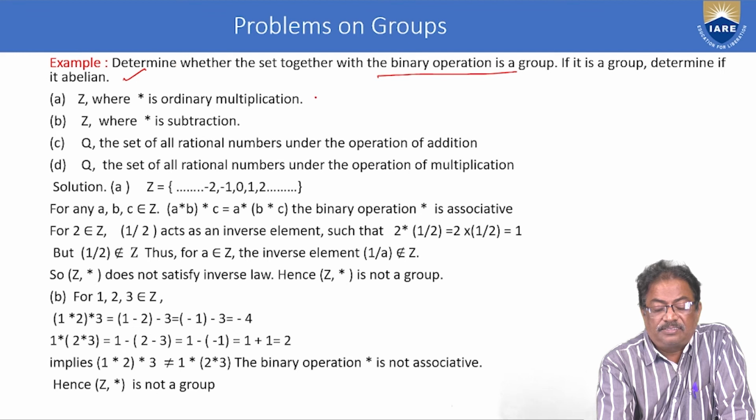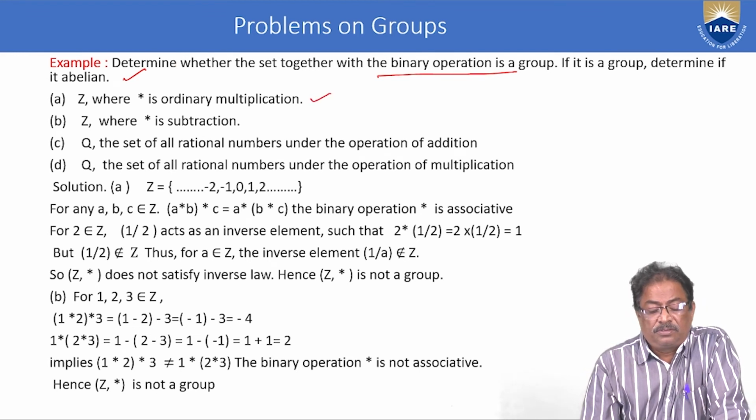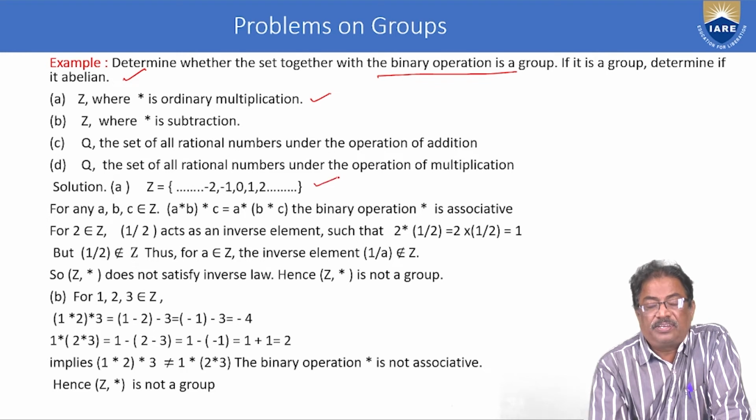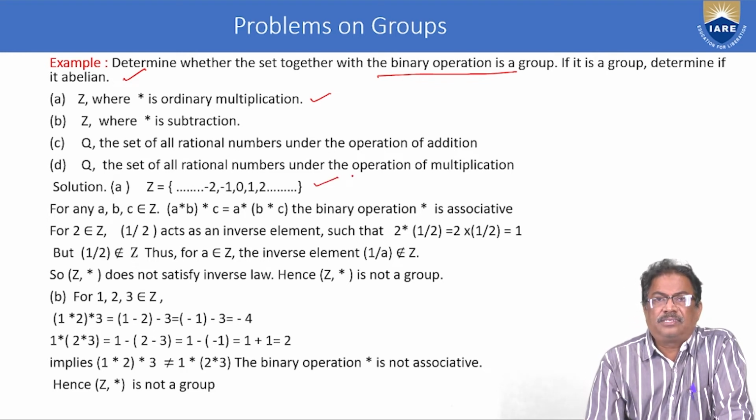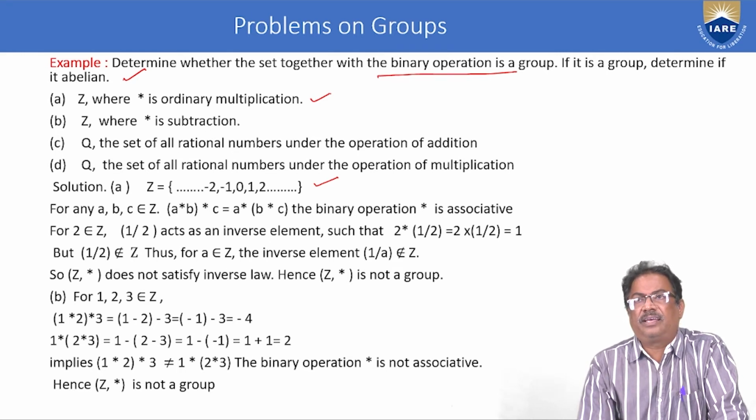So Z is an integer set and star is ordinary multiplication. So I am just taking Z is this, and next we have to verify whether it is a group or not.